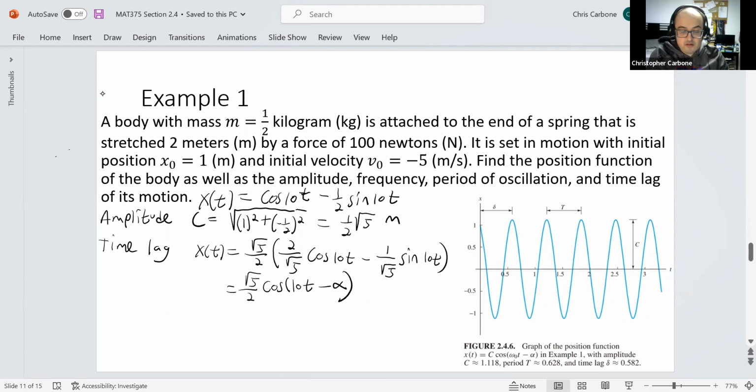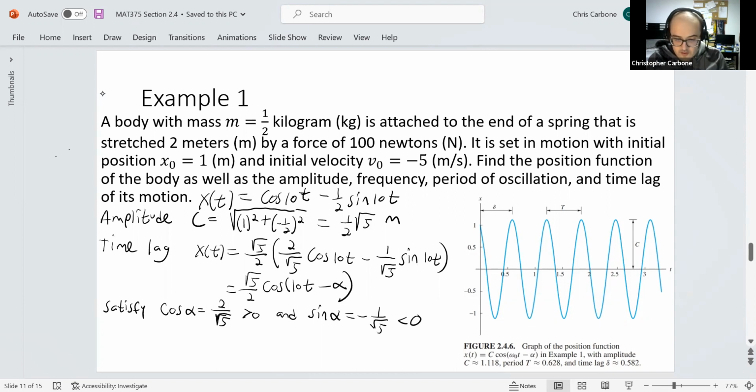So our value of alpha there must satisfy the cosine of alpha being equal to 2 over the square root of 5, which must be greater than 0. And the sine of alpha is equal to negative 1 over the square root of 5, which is negative, so less than 0.